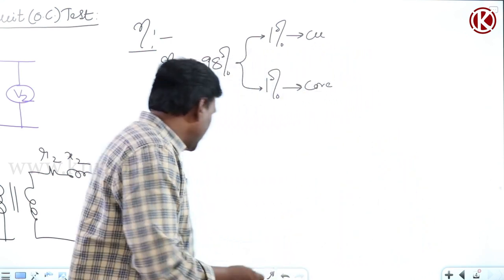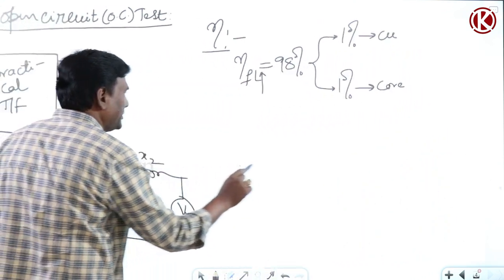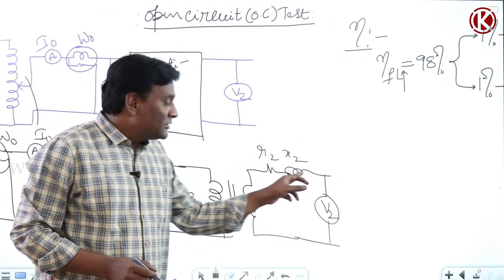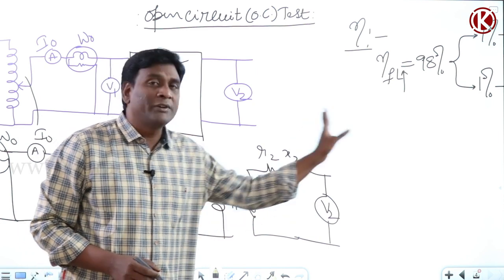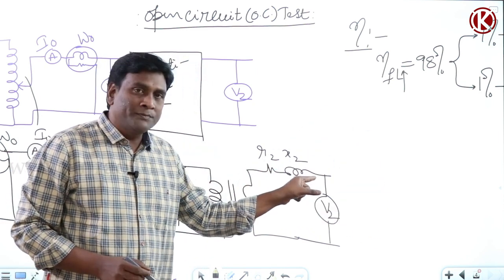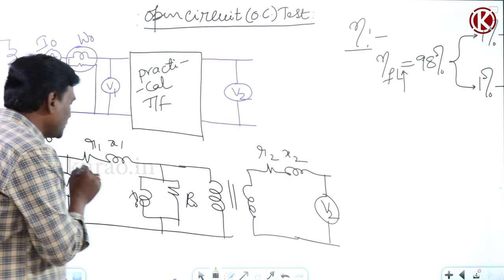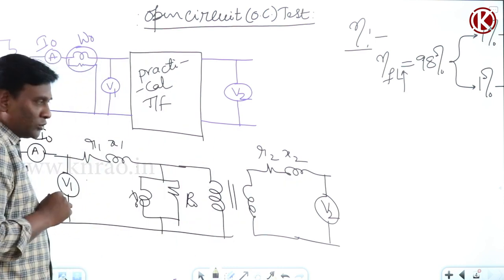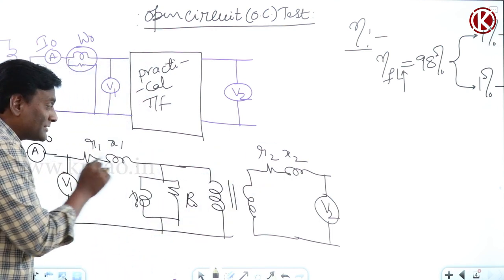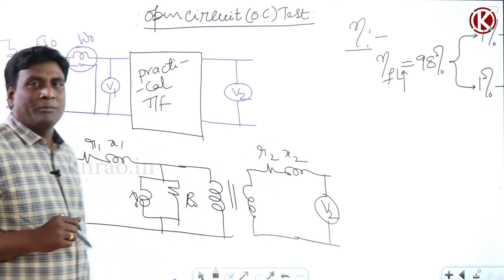Now if you come back to here, when the transformer is operating at full load, in the sense the connected load is operating at full load, under that condition full load current will flow. So full load copper loss in secondary plus full load copper loss in primary is nothing but total copper losses.